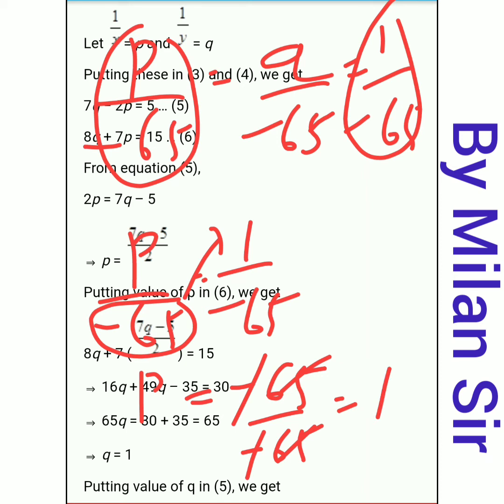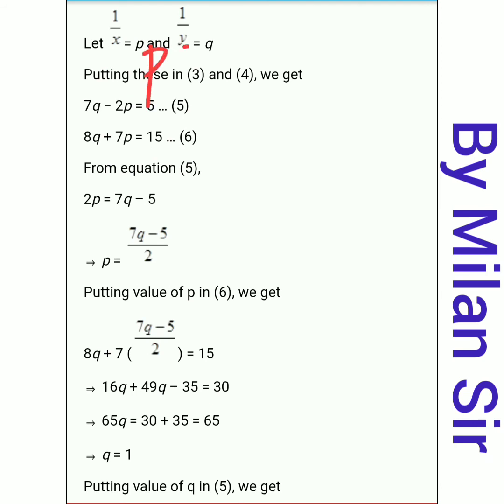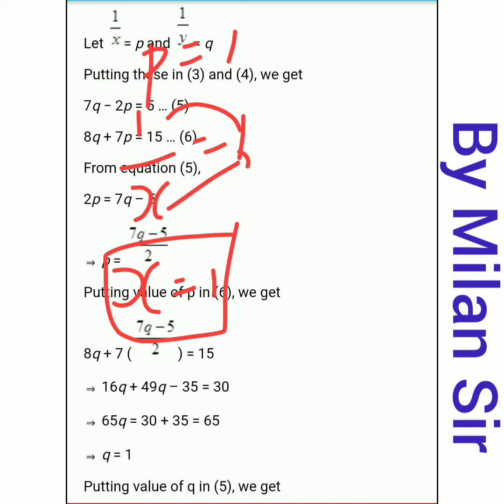So finally we get p is equal to 1. Now p is equal to 1, that means p is 1 upon x, right? Transfer this x to the right hand side. So x is equal to 1. This is our first value, x is equal to 1.